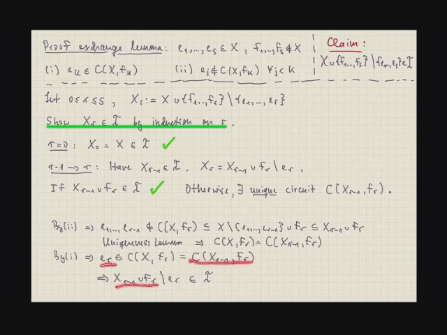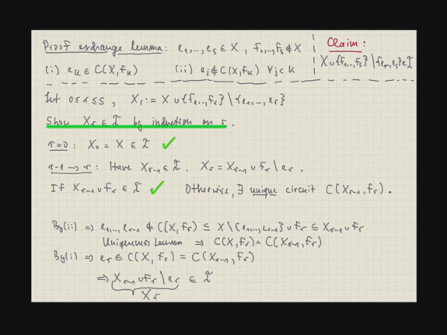That is what we just figured out. So when I remove element e_r, I must get an independent set. But now we are done because this is exactly set x_r. And that is what we had to show, namely that set x_r, by induction on r, is an independent set.